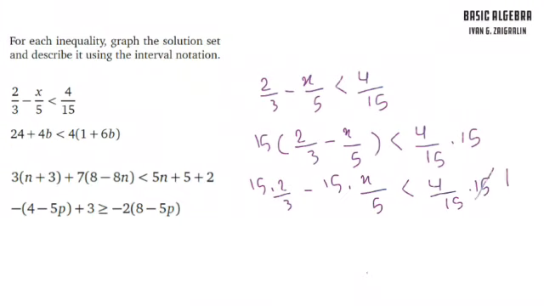This 15 is 1, this 15 is 1, and this 3 is 1, this 15 is 5, and this 5 is 1, and this 15 is 3. So 5 times 2, 10, minus 3x is less than 4, and here we add a negative 10 to each side.